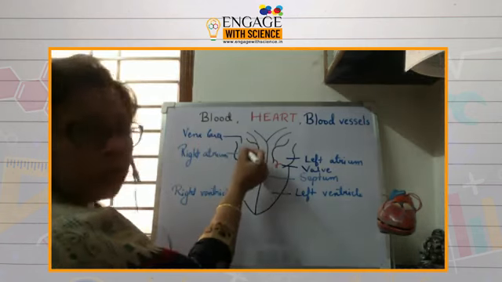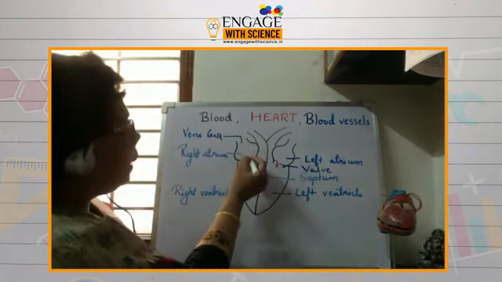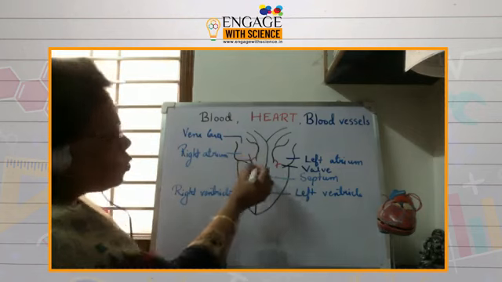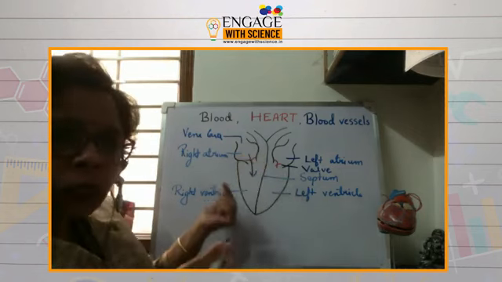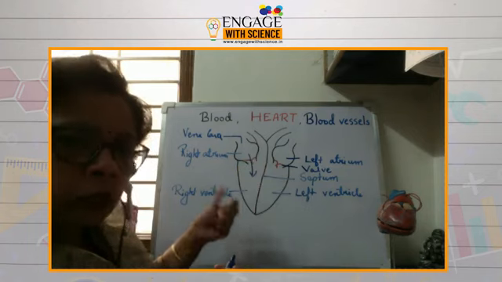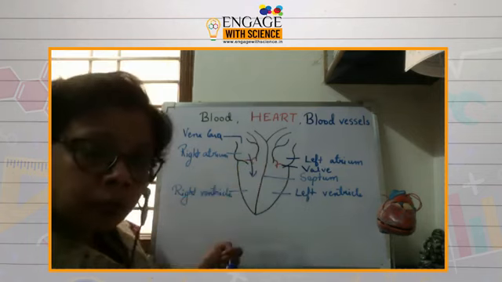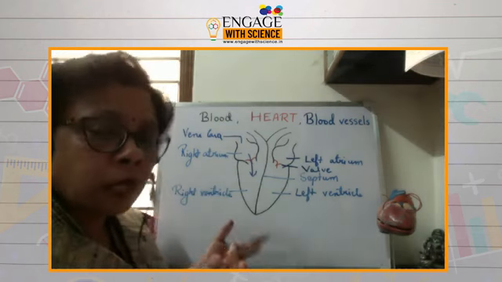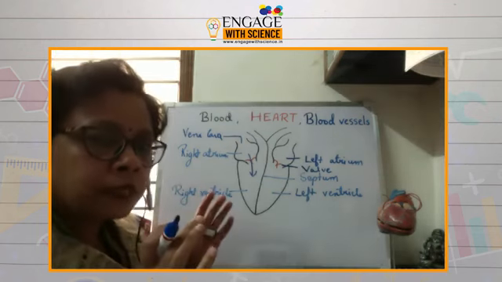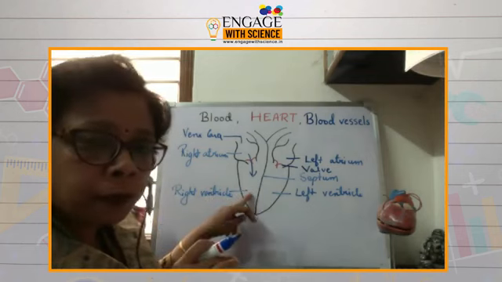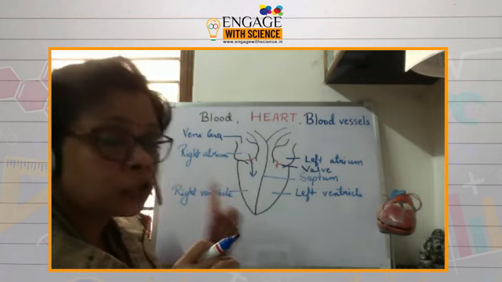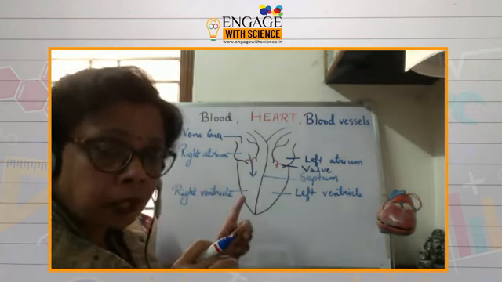Now, the blood which comes in the right atrium is passed on to right ventricle. Now, ये तो deoxygenated blood है, तो इसका क्या करना है? इसको साफ करना है. इसको साफ कौन करेगा? Lungs साफ करेंगे. Now, some of us have this misconception that heart purifies the blood, but heart does not purify the blood.